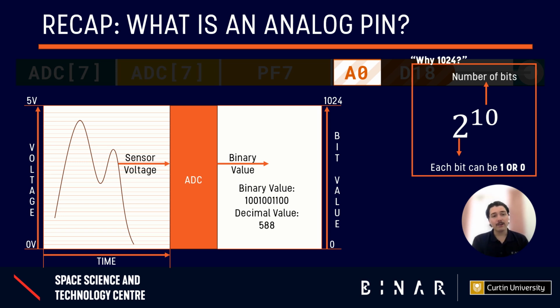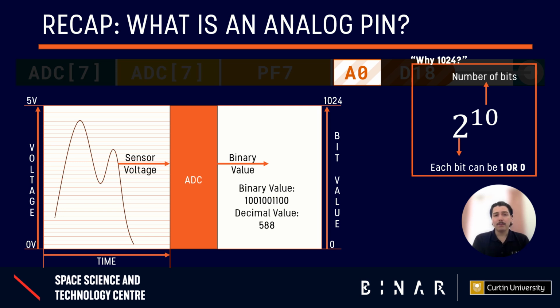So what are the characteristics of an ADC? ADCs are bounded by two main things: their maximum voltage, normally bound to the supply voltage, which is 5 volts in the case of an Arduino Micro; and their resolution, which means the number of bits they have.